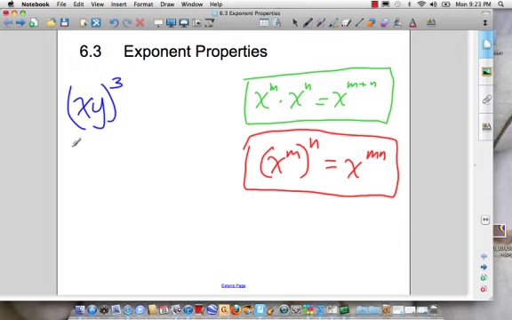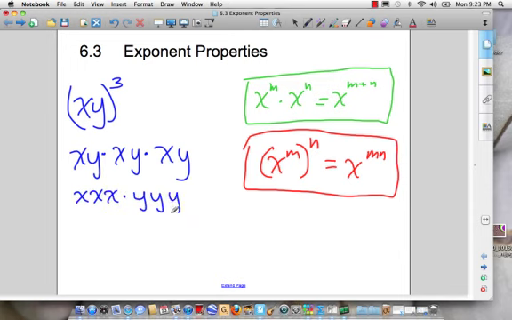Well, what does that mean? That means you're going to take xy and multiply it by itself 3 times. Now, because multiplication is commutative and associative, that's a fancy way of saying we can reorder this and put all 3 x's together and all 3 y's together, and then what we get is x cubed y cubed.